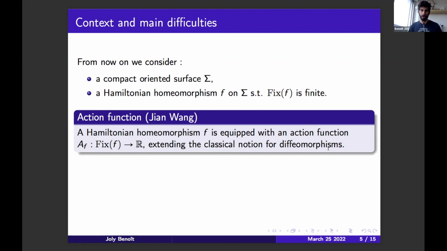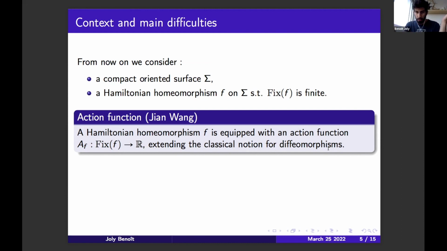Just to give you an idea of how this action function is constructed: if you consider two fixed points of f, which are fixed by an isotopy, the difference of the action function between those two fixed points is equal to the flux of the isotopy through every path joining those two points.